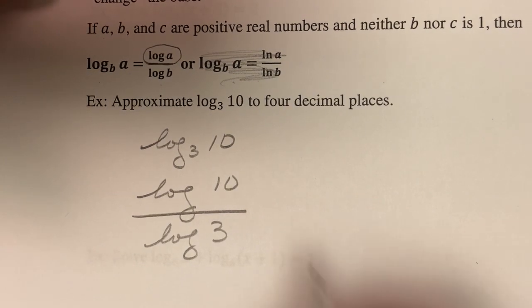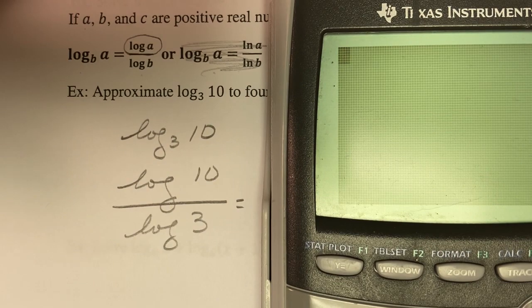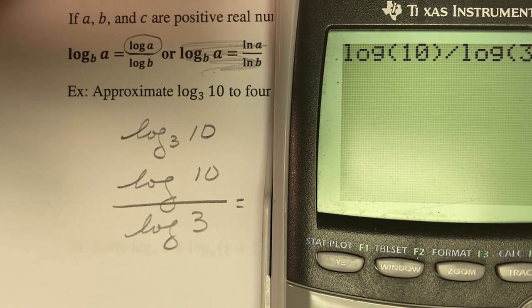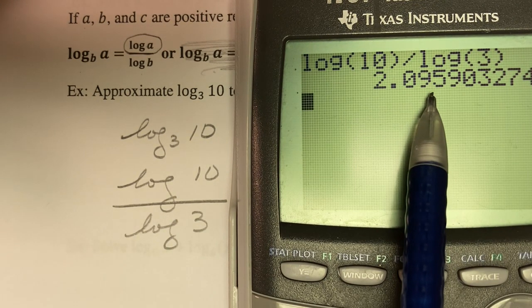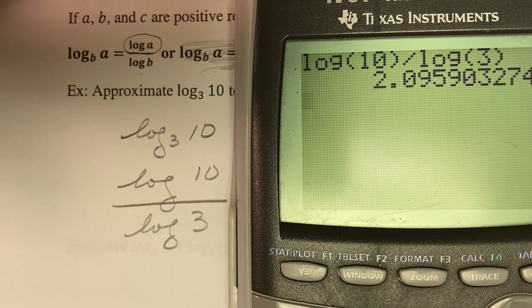It's that simple. So in my calculator, I take the log of 10, remember it's the common log, so just the LOG button, divided by the log of 3, and that gives me the log base 3 of 10. If I round it off slightly, it's going to be about 2.096.